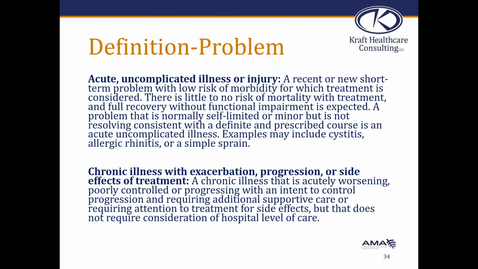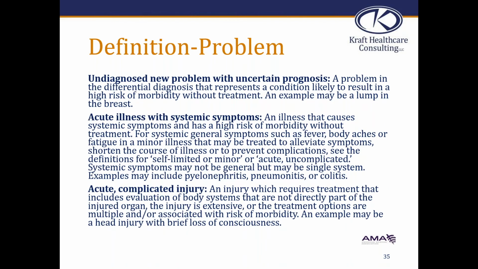They've defined acute uncomplicated illness or injury. They've also defined chronic illness with exacerbation, progression, or side effects of treatment. And again, if you look at that acute definition, they gave you examples: cystitis, allergic rhinitis, or simple sprain. Then undiagnosed new problem with uncertain prognosis, acute illness with systemic symptoms.